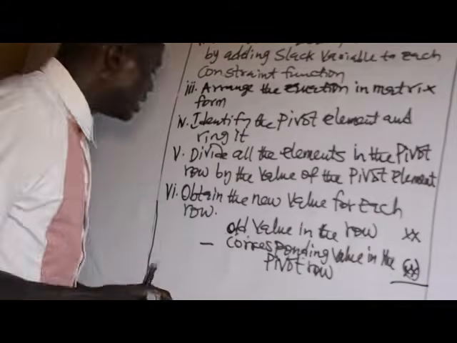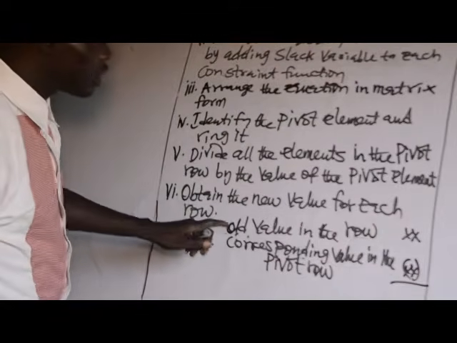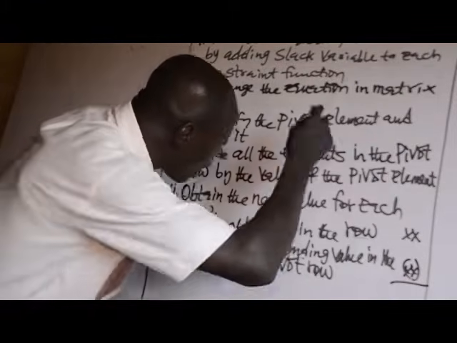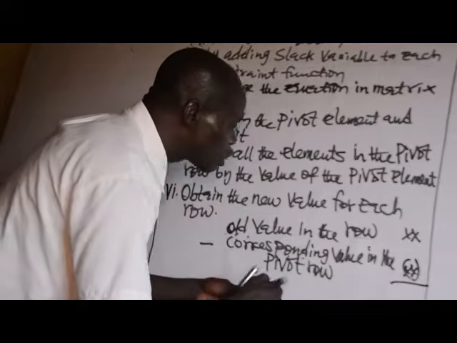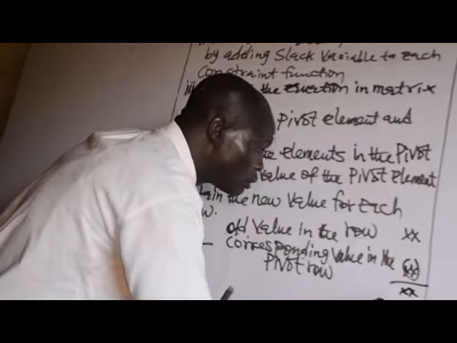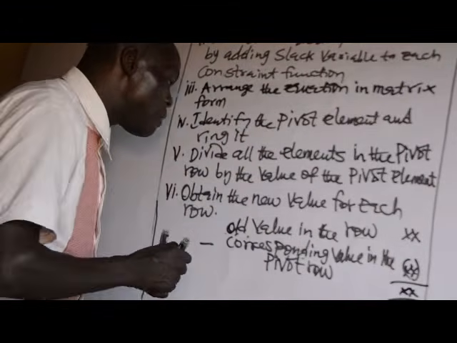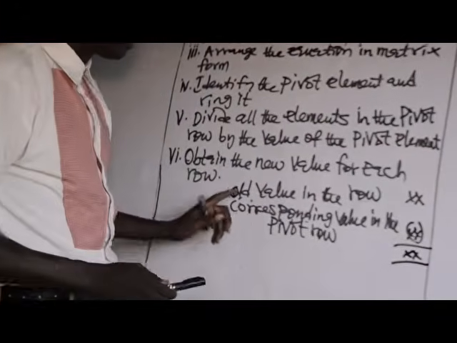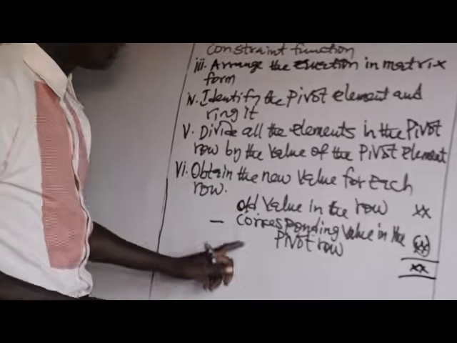Bearing in mind that you want to turn all the numbers in the pivot column to 0, except in the pivot row where the 1 you have there will be retained. That is what you should take note of.